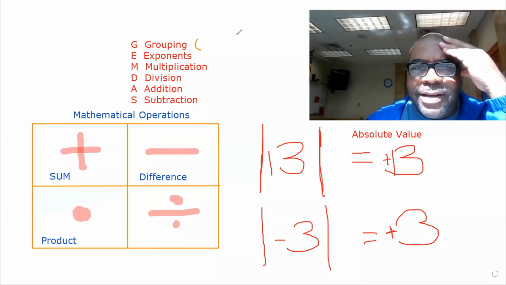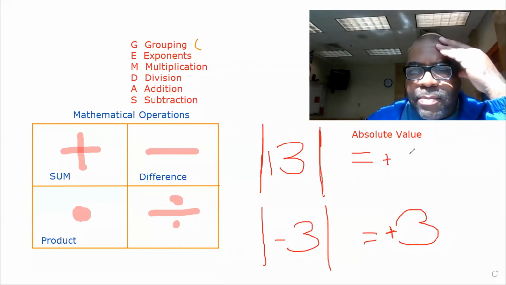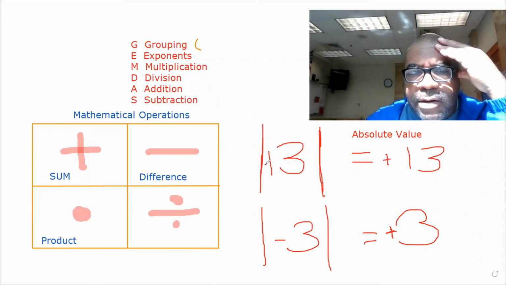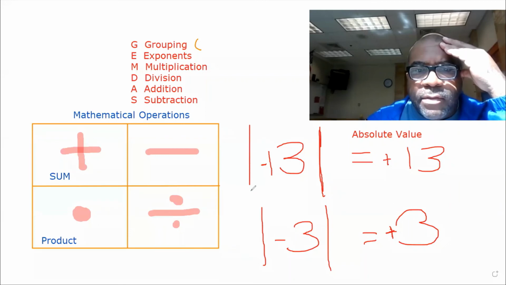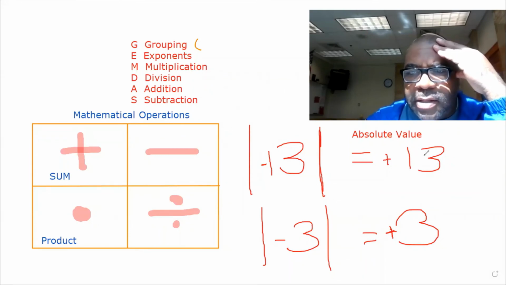That doesn't look right. It looks messy, so let's clean that up. That would be positive 13. If that was a negative 13, that negative doesn't look clean either, so I'm going to clean that up. Let's say it was a negative 13, then it's still going to be positive 13.